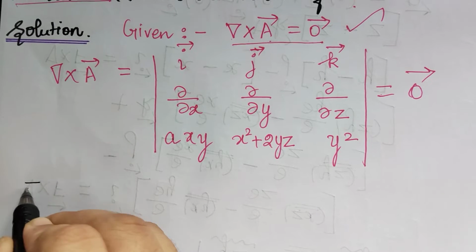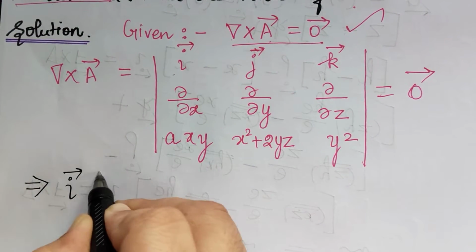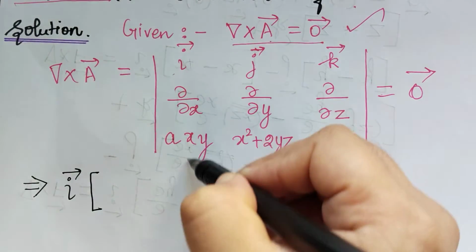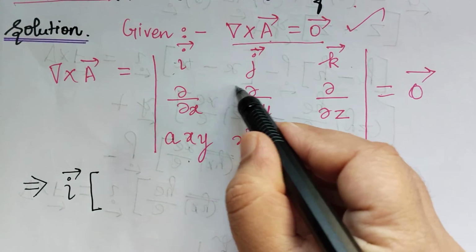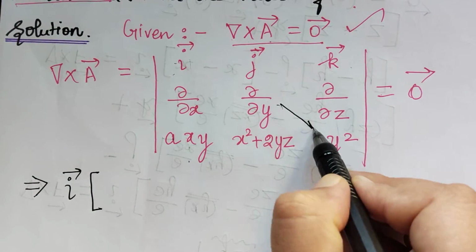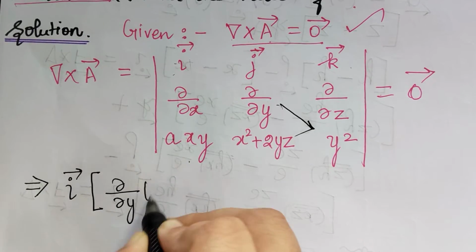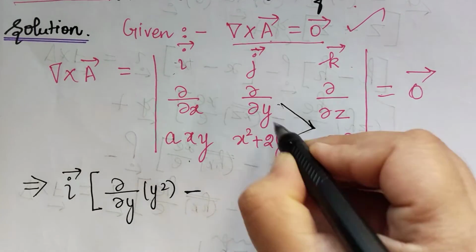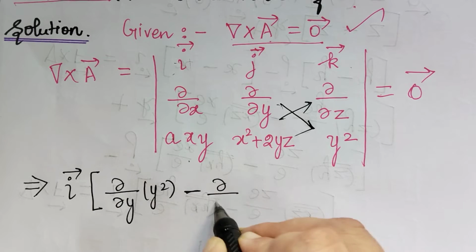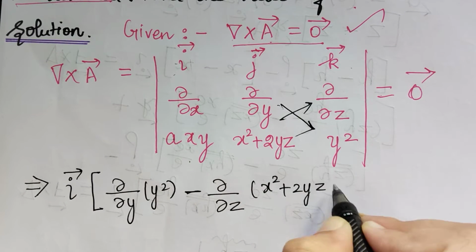So the determinant of this matrix is, first we have i vector multiplied with, block this column, block this row, so we have to find the determinant of this matrix. So this into this, that is dou by dou y of y², minus this into this, which is dou by dou z of x² + 2yz.